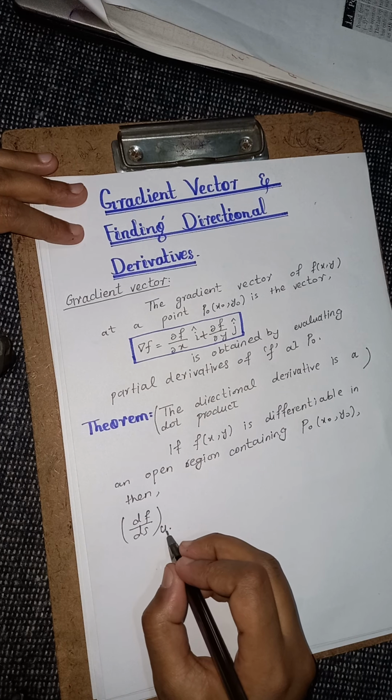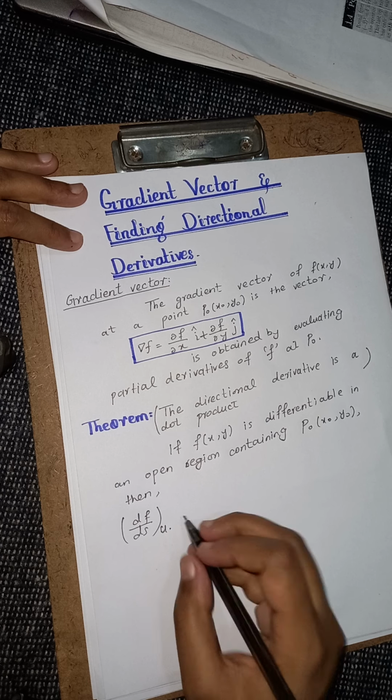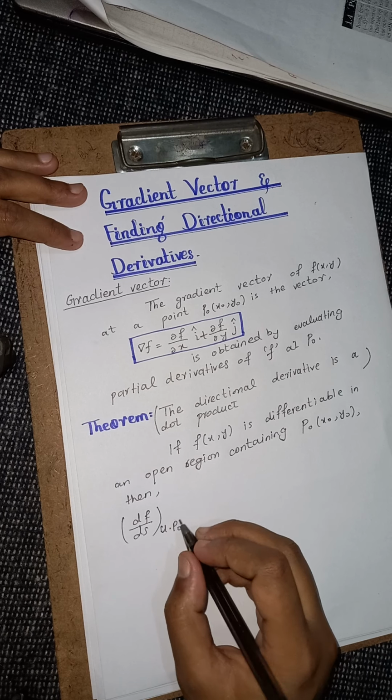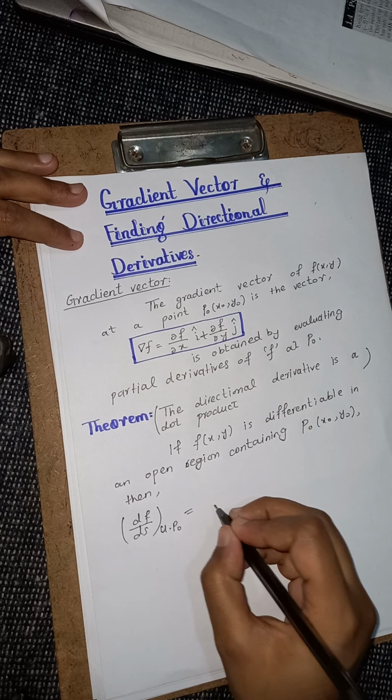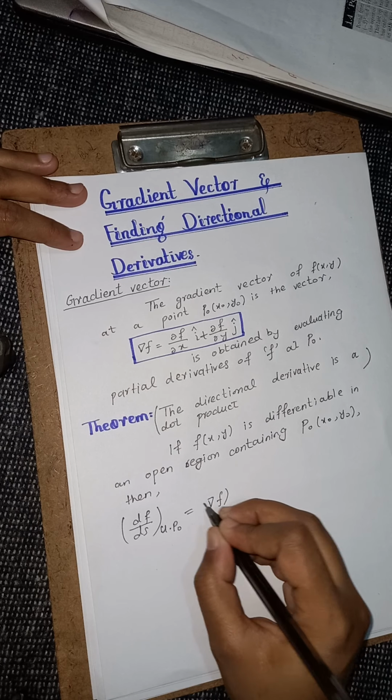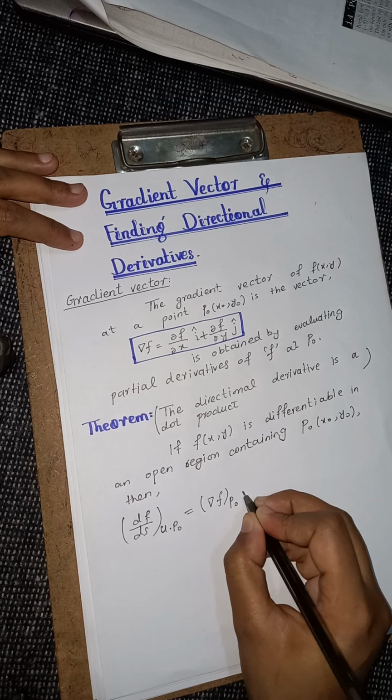So u represents here the unit vector, and p naught represents the point at which we are trying to find it. It becomes equal to the gradient of f at the point p naught times the u vector.